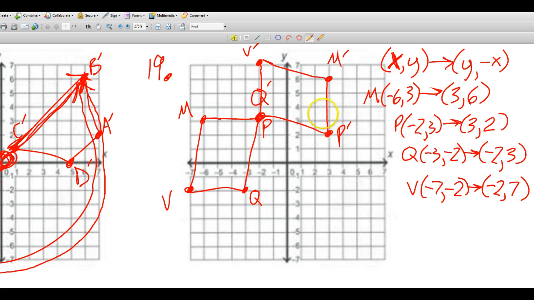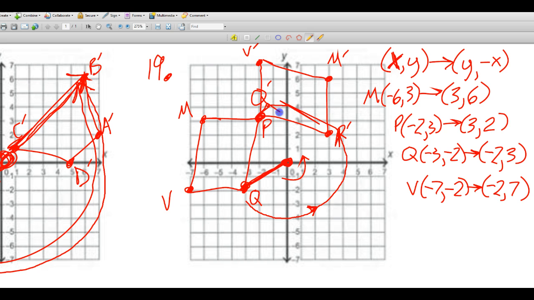And so what we can see here, we're rotating around this point. We're going in this direction, counterclockwise. Imagine the hands of a clock. So then I would rotate to here would be 90. And now I'm at 180.